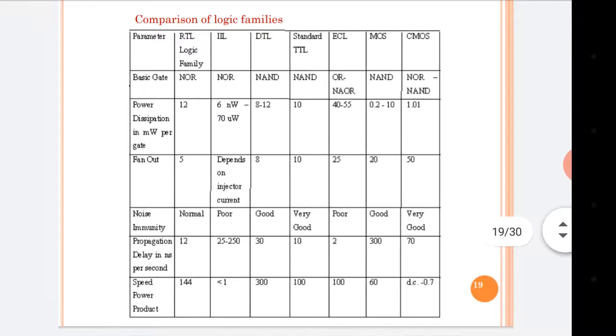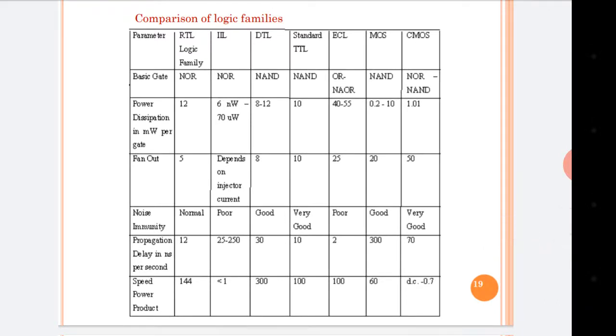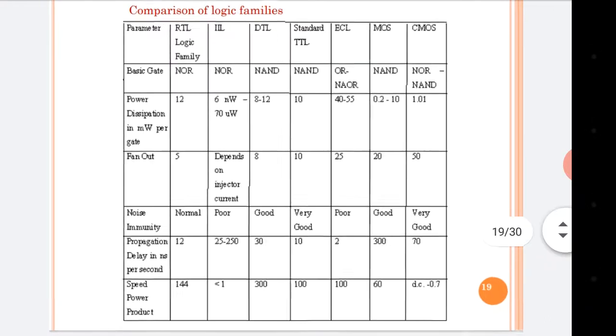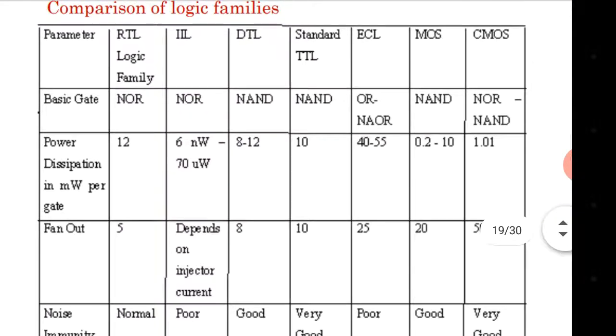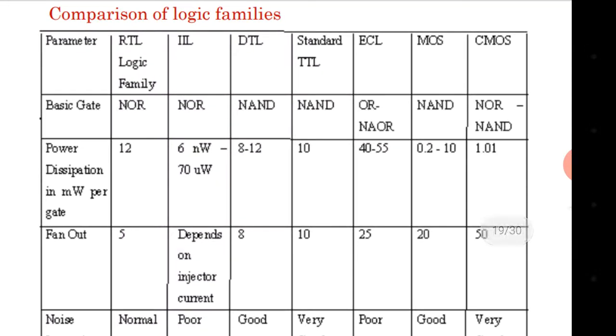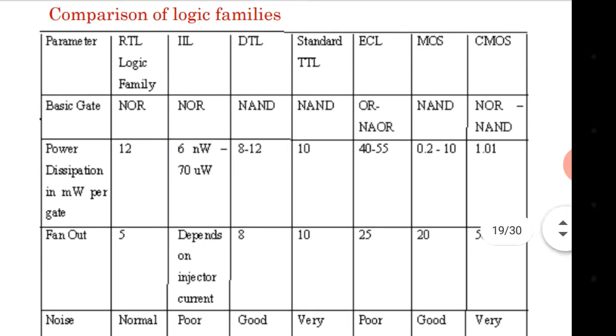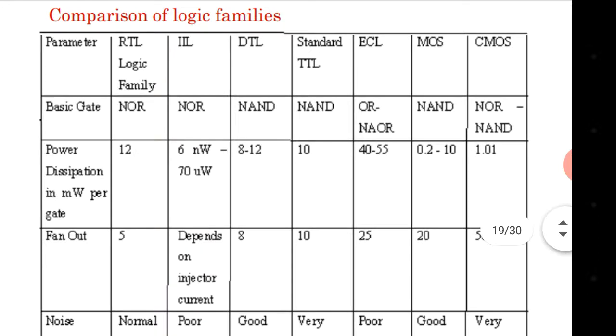Here comparison of the different logic families is given. So observe this. We know RTL, resistor transistor logic family. I square L is integrated injection logic family. It is also called as I2L or IIL.